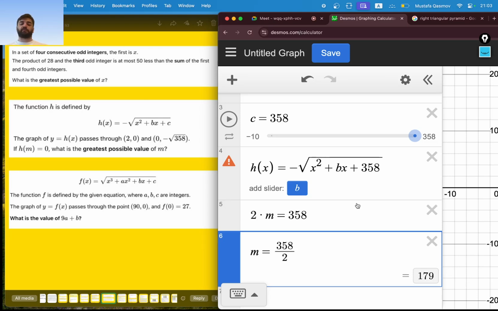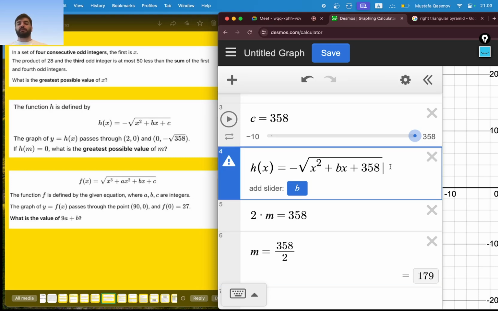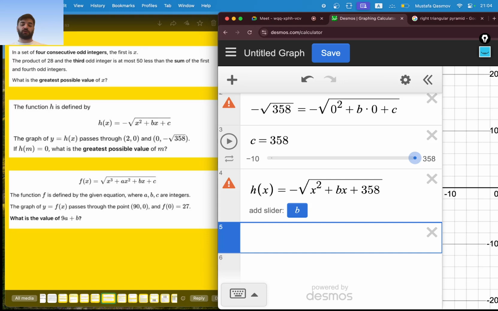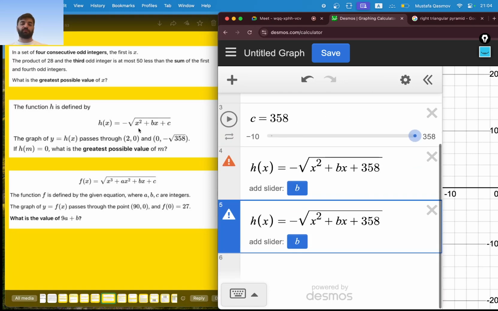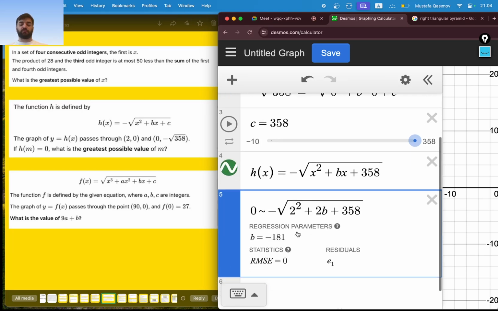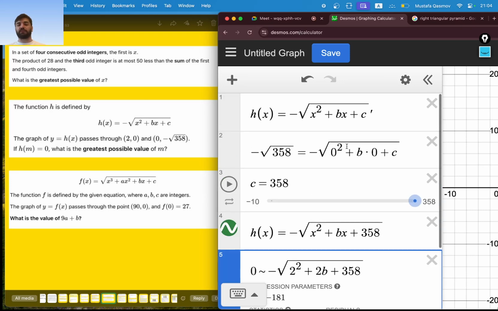And what's the second way? For the second method you have to find b. Let's look at b. For b you have to use this point here, 2 and 0. Let's put here this sign, so it is negative 181.